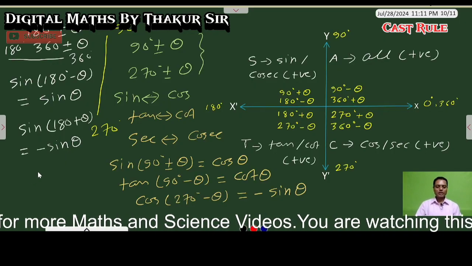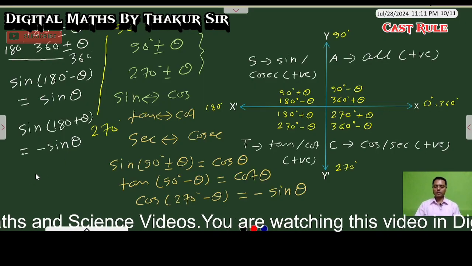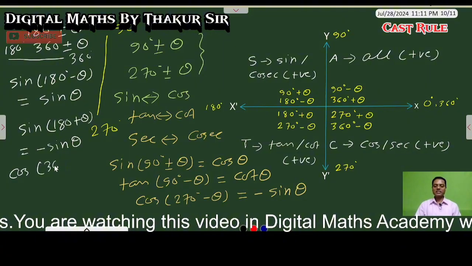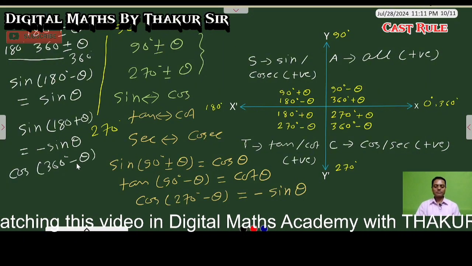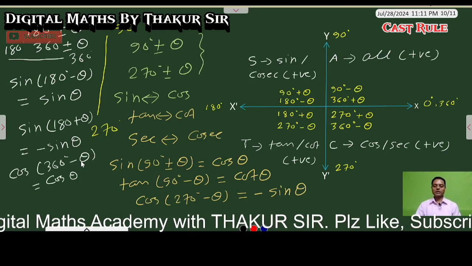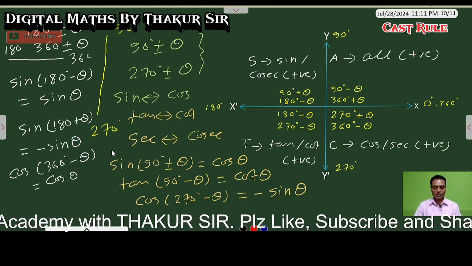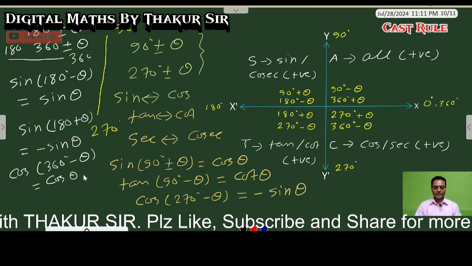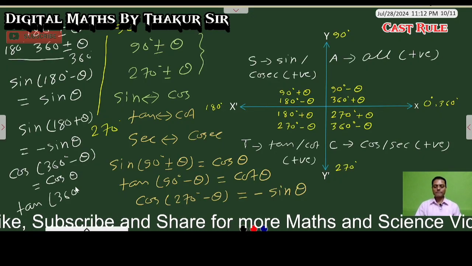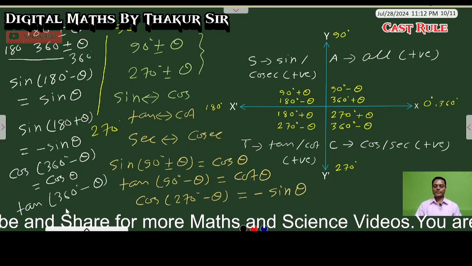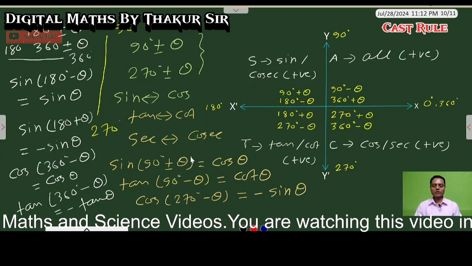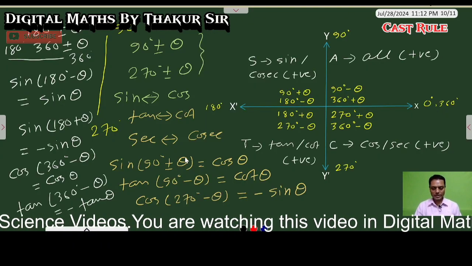Similarly, let's choose another trigonometric ratio, that is cos 360 degree minus theta. That gives positive cos theta only, because 360 degree minus theta lies in the fourth quadrant and cos gives a positive value. But if there is tan 360 degree minus theta, it gives a negative value, that's minus tan theta, because in the fourth quadrant tan has a negative value.